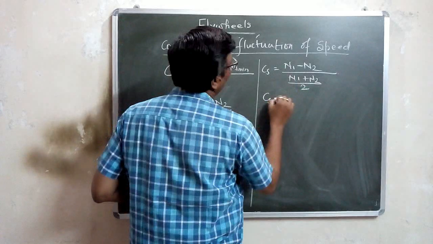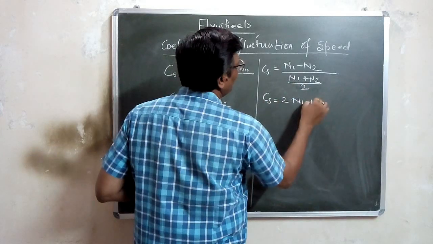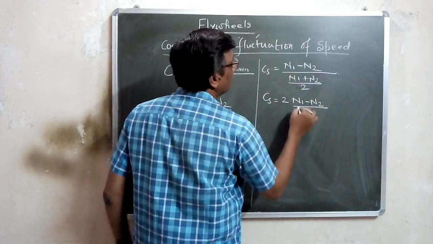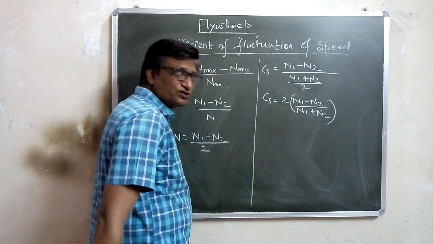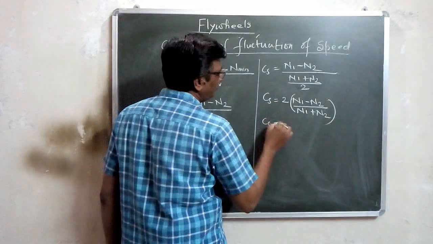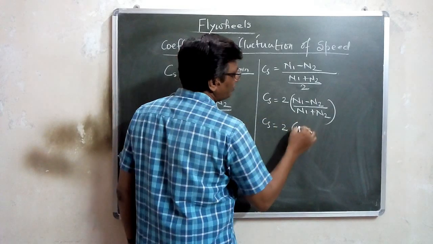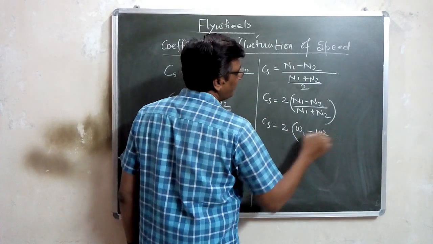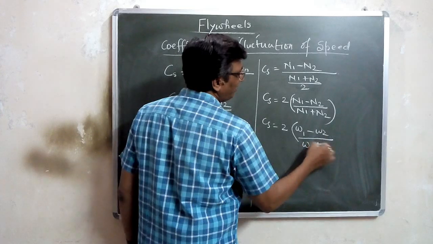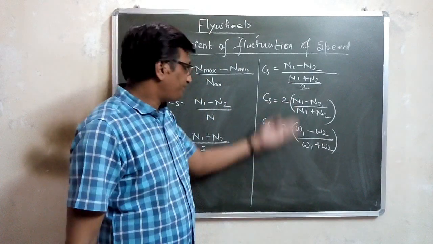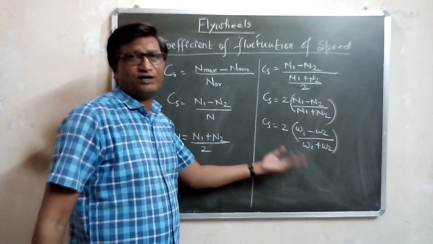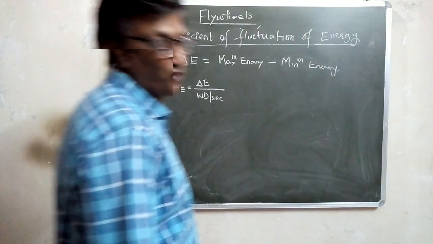This 2 will go up, we will have twice N1 minus N2 by N1 plus N2. You can write this in the angular form also, like twice omega 1 minus omega 2 by omega 1 plus omega 2, because N can be converted into omega.